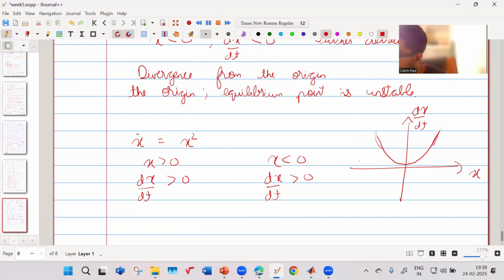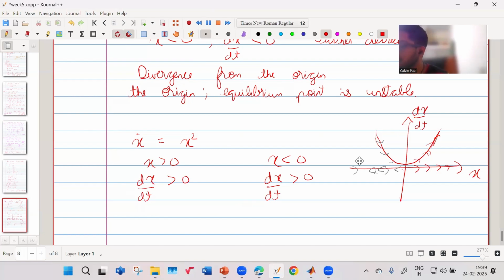That means when x tries to go away, your derivative will bring it back to the origin. But when x becomes greater than 0, the derivative will further increase it and it will go away.